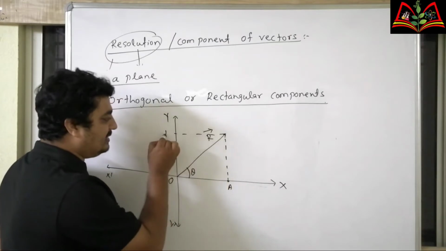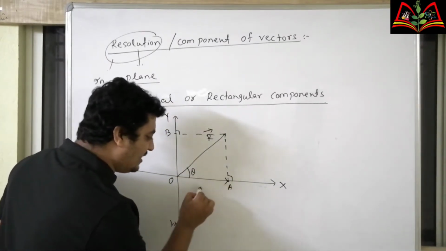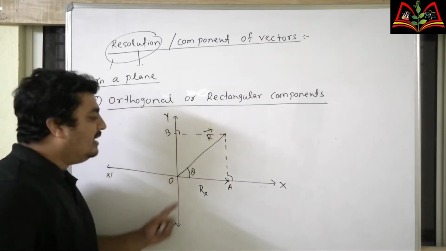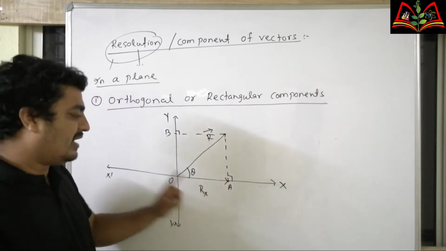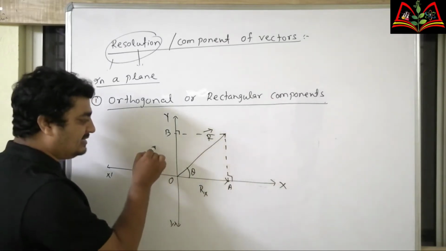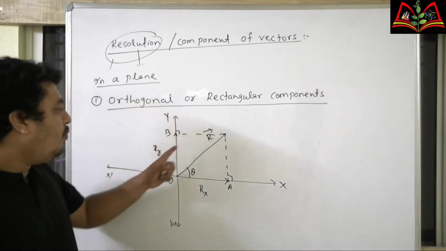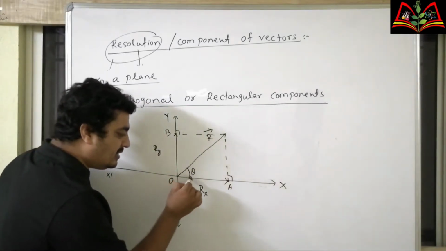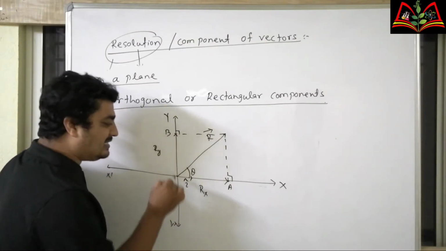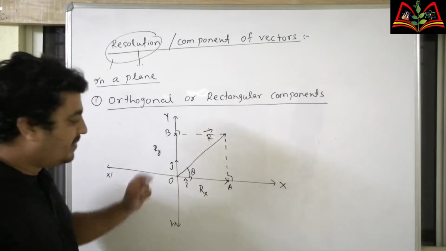This is A, this is B. Now, this vector OA is the x component of R, represented as Rx. And this vector OB is the y component of R, written as Ry. The unit vector along x-axis is i cap and along y-axis it is j cap.